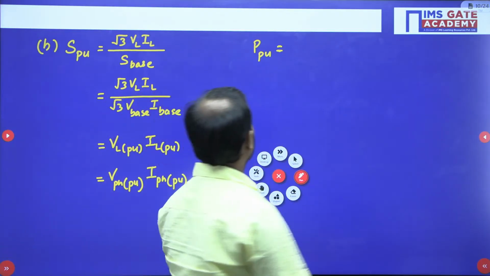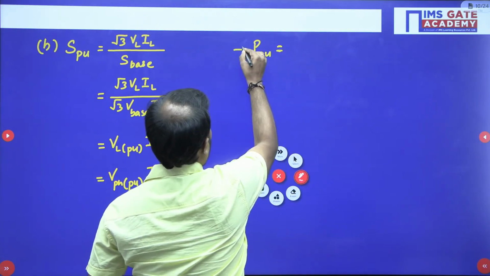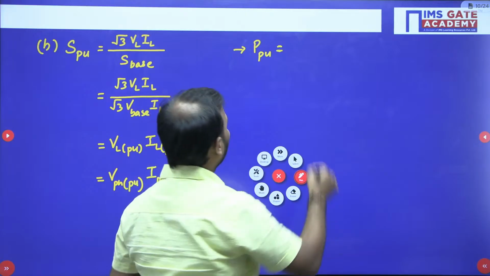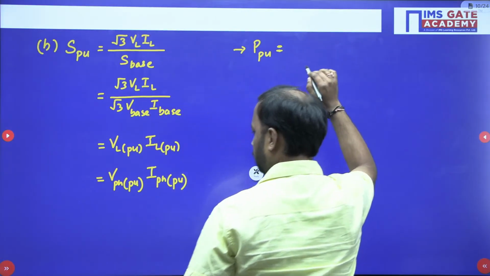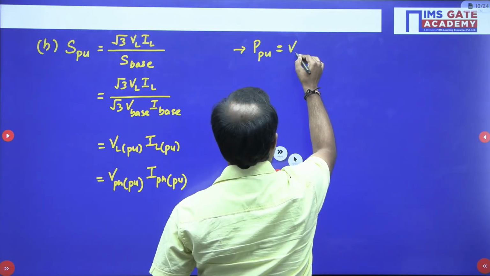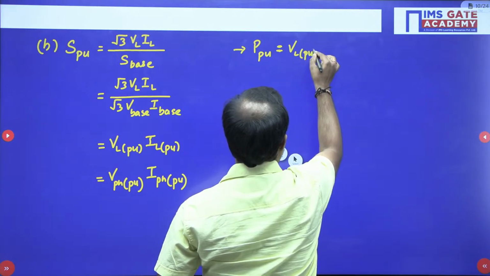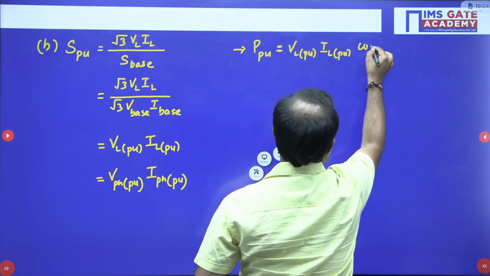So P per unit, that is real power in per unit, will be VL per unit IL per unit into cos phi.